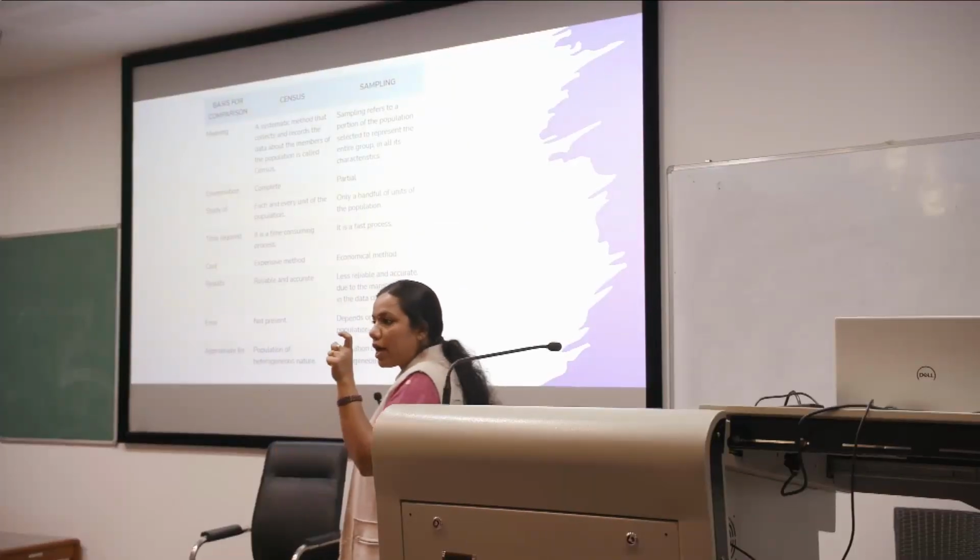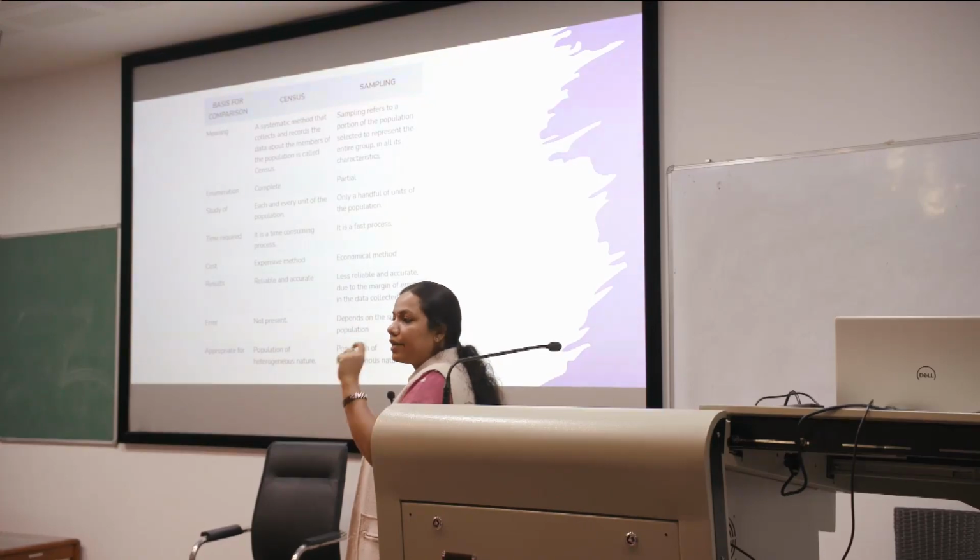So enumeration will be complete in a census, and partial in sampling. That is why the design of the sample is very important, because it has to represent the entire population.